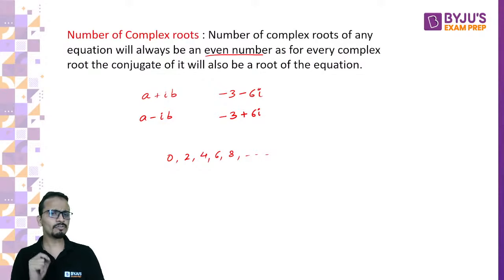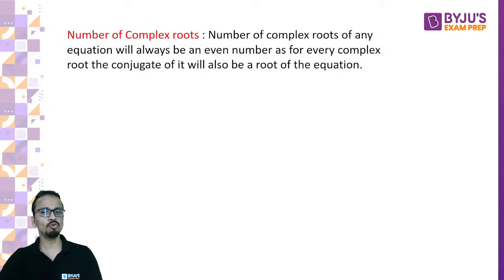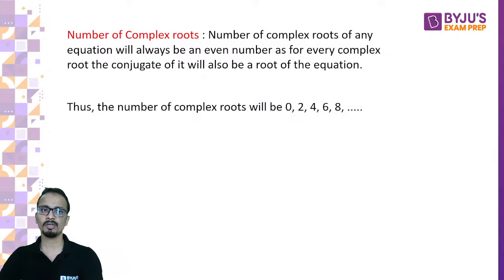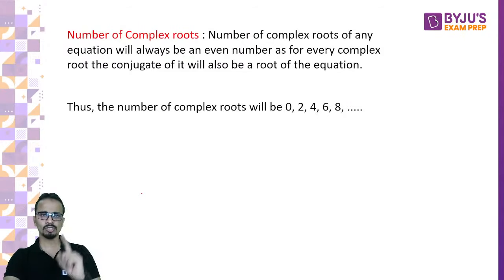The number of complex roots will never be an odd number. हमेशा एक even number of complex roots होंगे, कभी भी odd number of complex roots नहीं होंगे. So this is one thing that you have to make a point of. Thus the number of complex roots will be 0, 2, 4, 6, 8, 10, 12, and so on.